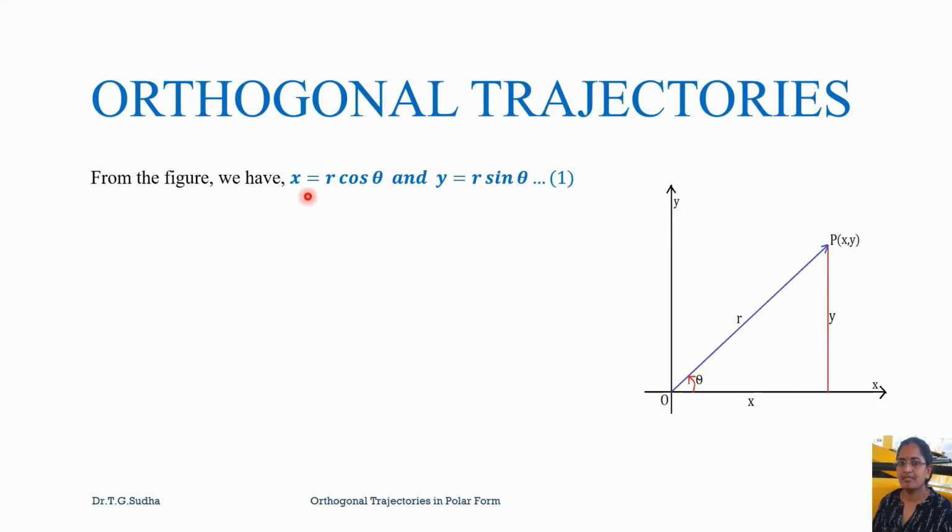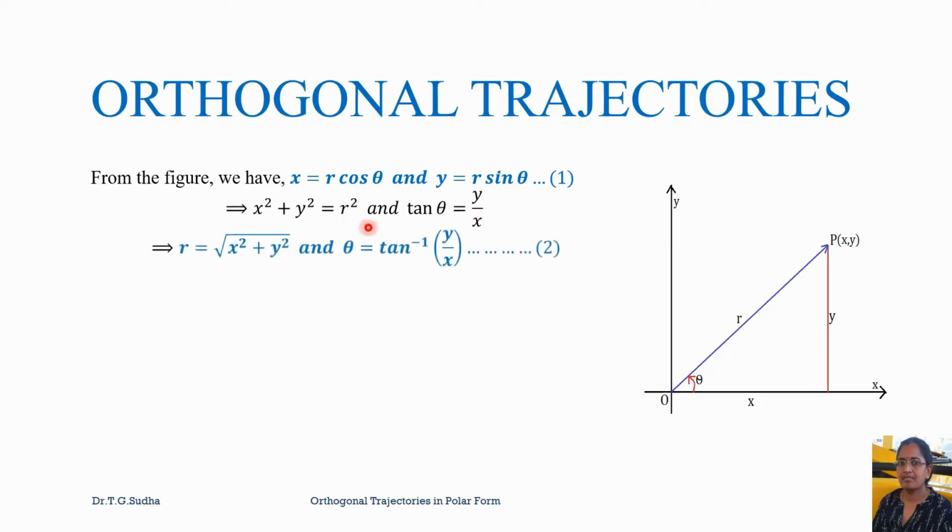So the expressions are x is equal to r cos theta and y is equal to r sin theta. Let us square both the expressions and add. We get x square plus y square is equal to r square, and dividing y by x, we get sin theta by cos theta, and that is tan theta. Therefore, we get tan theta is equal to y by x.